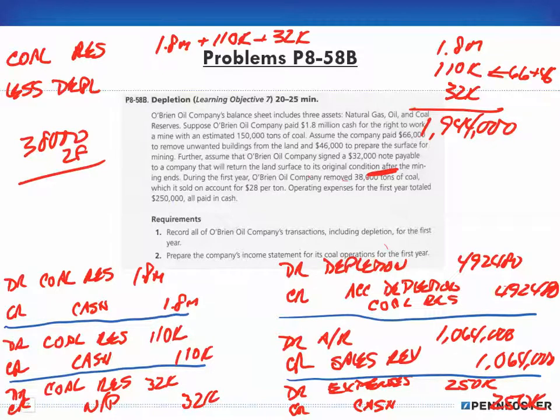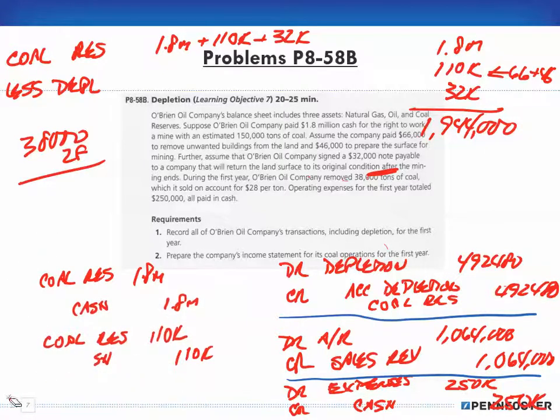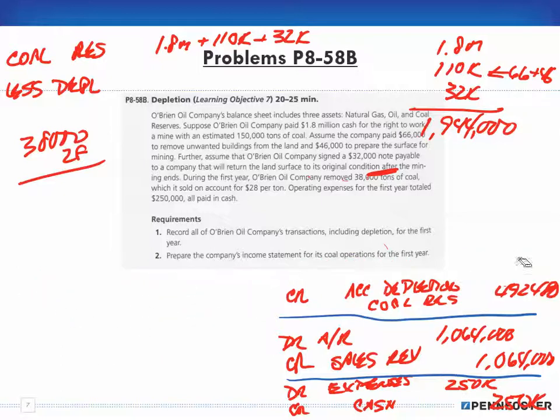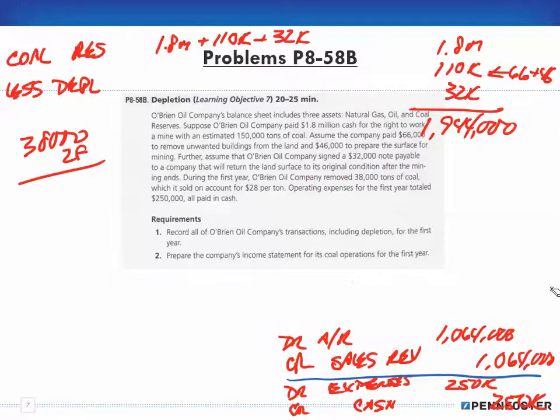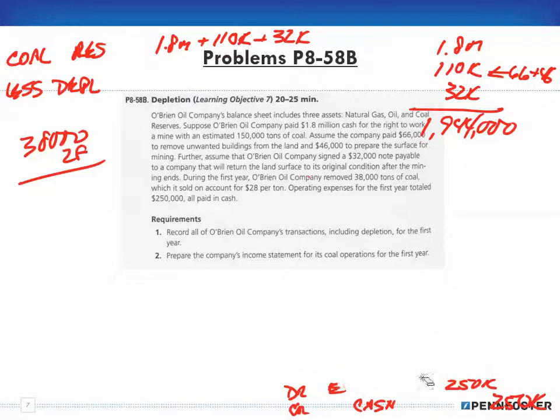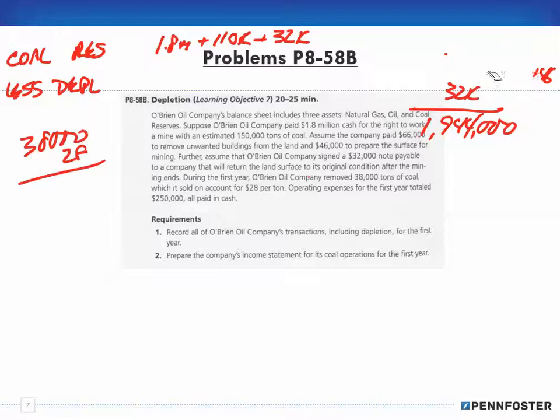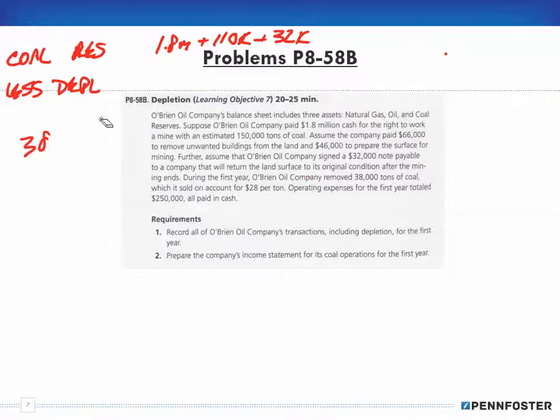So I am now going to erase them because now I have to do number 2, prepare the company's income statement for its coal operations. So let me erase these. Okay, so for the income statement, of course, you have to have the heading.